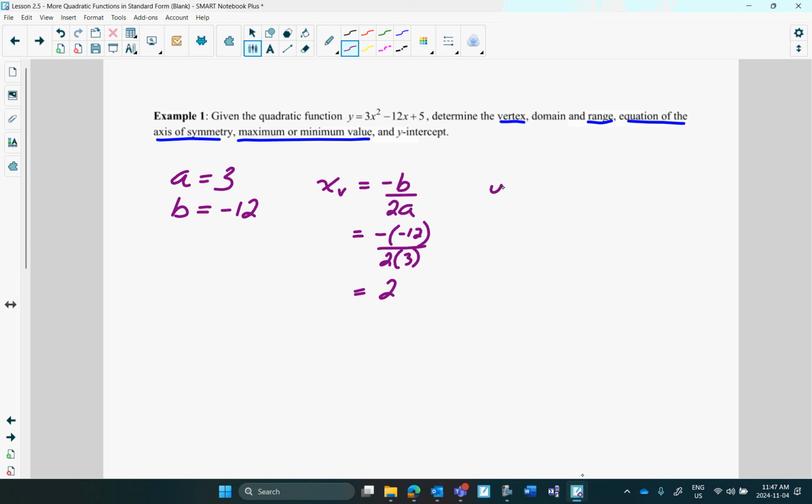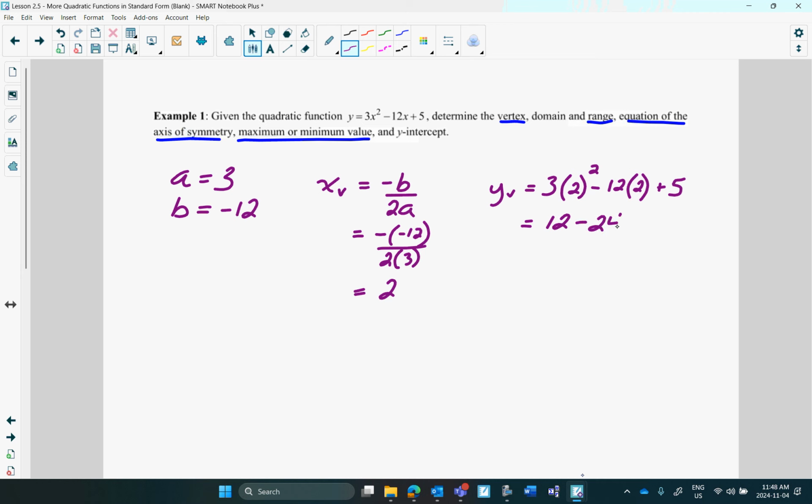Take that 2 and plug it back in for x to figure out the y vertex. 3 times 2 squared minus 12 times 2 plus 5. And then calculate. Remember, squaring before multiplying. 2 squared is 4. 4 times 3 is 12.